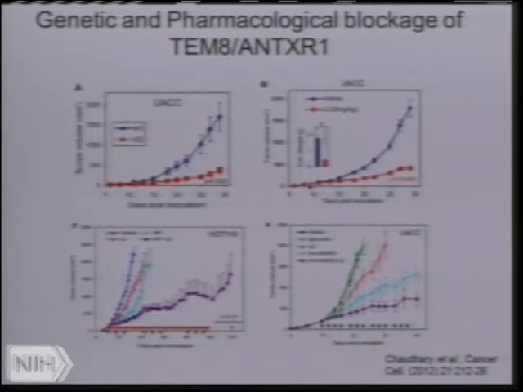He also did a lot of different combinations with other chemotherapeutics and showed that TEM8 synergistically acts with other chemotherapeutics or other anti-angiogenic compounds to suppress tumor growth. And he was also able to achieve tumor-free animals in some of the studies he did.